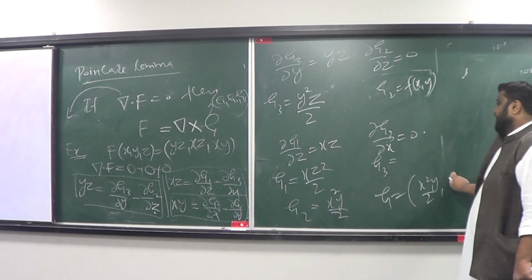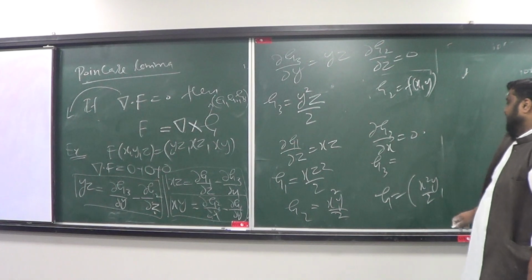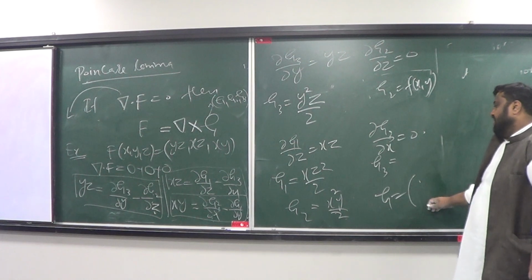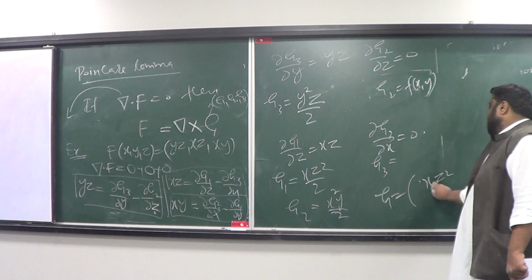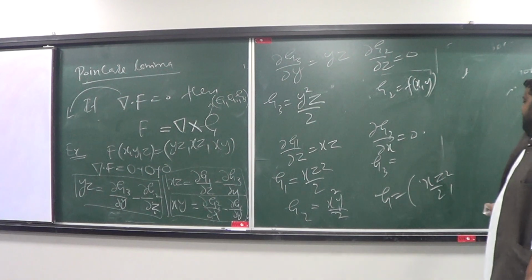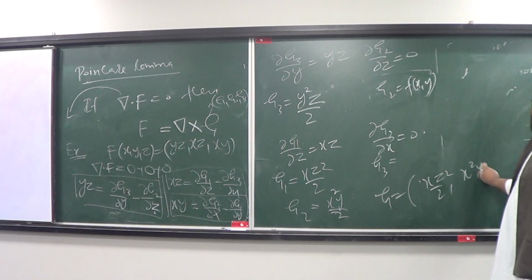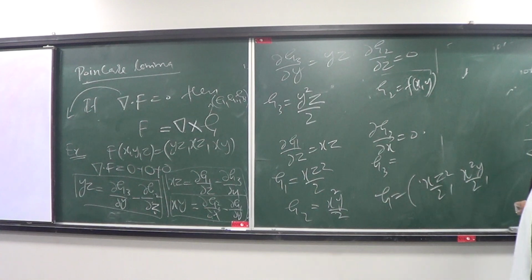So G1 is xz square over 2, and G2 is x square y over 2, and G3 is y square z over 2 actually.